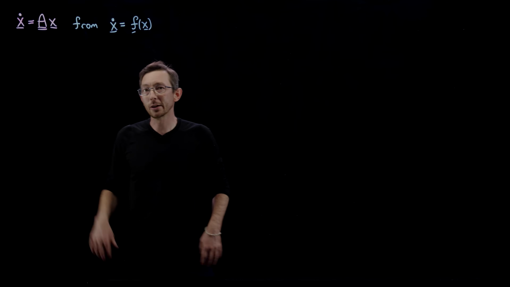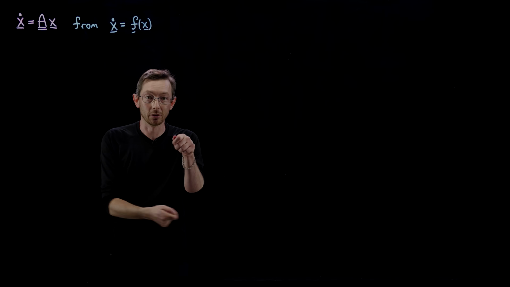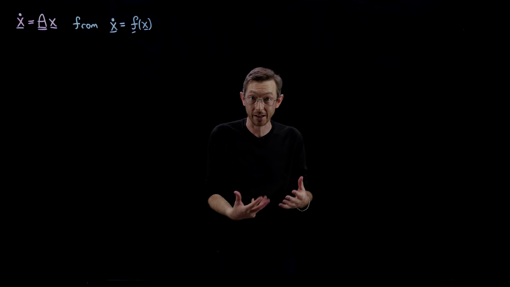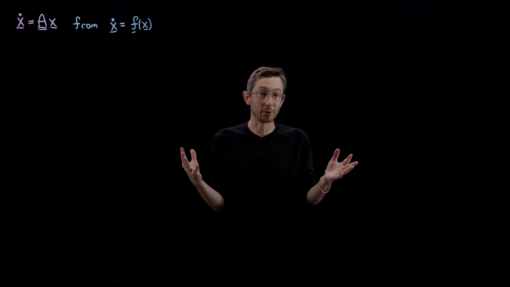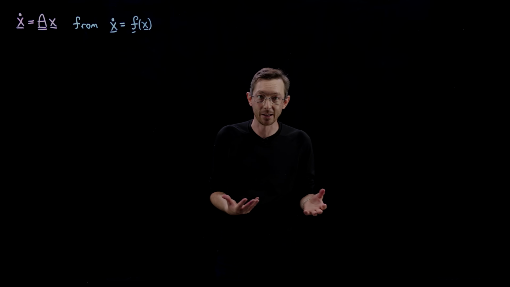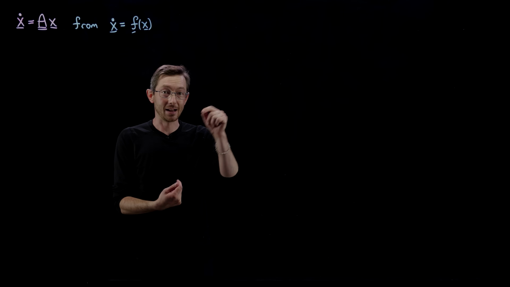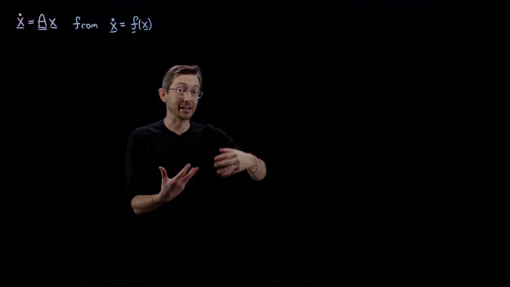But most of the real world is not linear. Most of the real world is not small angle approximations of a pendulum and things like that. Most of the real world is actually nonlinear. When you think about Newton's law of gravitation and planetary dynamics, or an actual pendulum, it's not theta double dot equals minus theta, it's minus sine of theta.